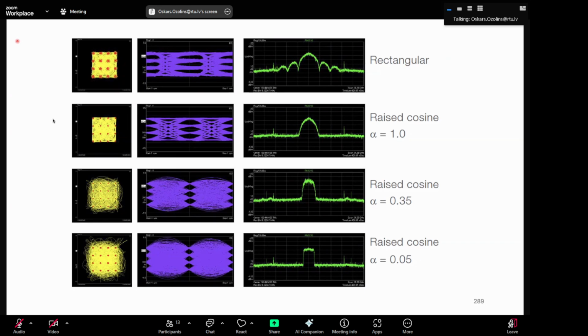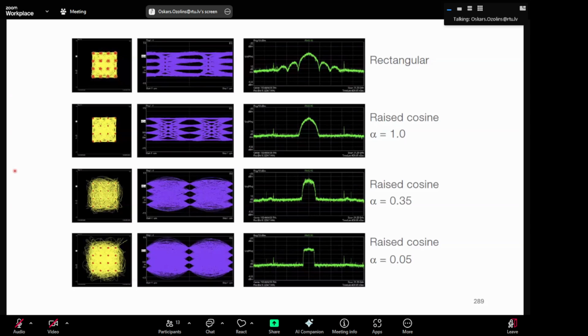Of course, you apply a low pass filter when you shape these signals. So it's related to matched filtering theory in these systems. Hope this answers the question. If not, we can maybe take it also after the lecture. But it's good that you write these questions here.